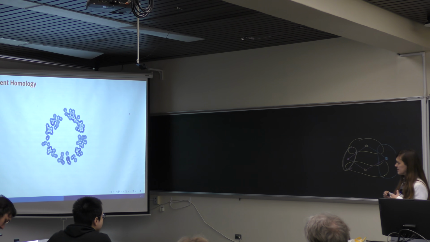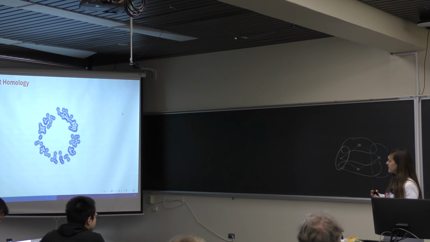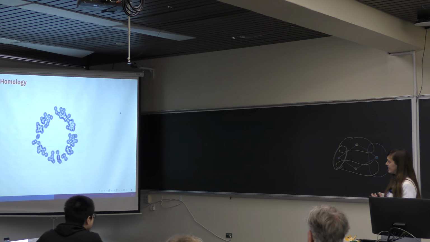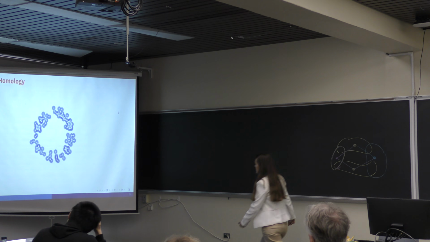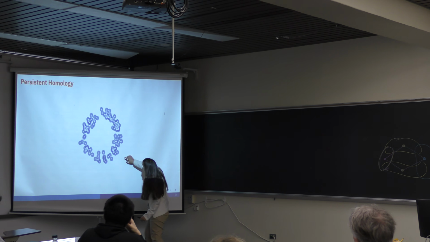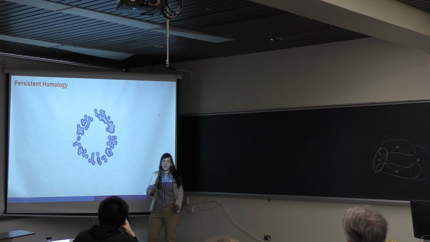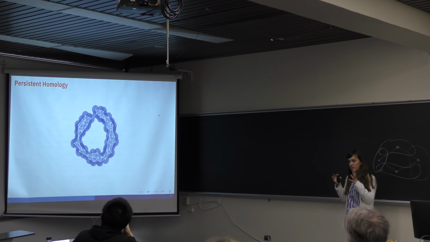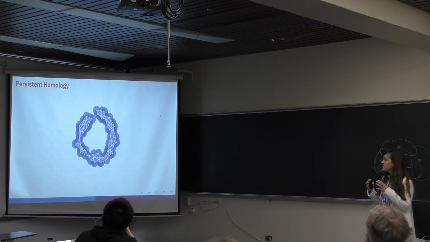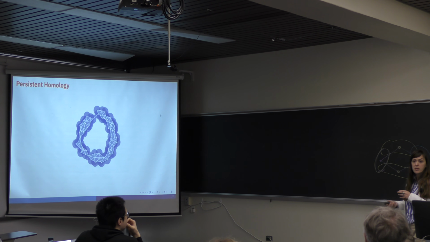Once I thicken these points and take the union, I do get interesting structure. If I look very closely, there is a little loop over here. If I pick a slightly bigger radius, then I see one big loop, very prominent.